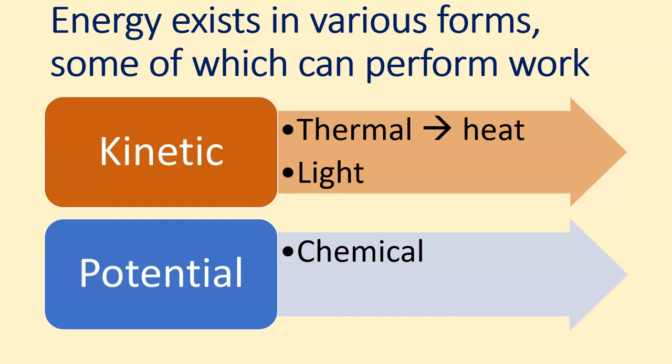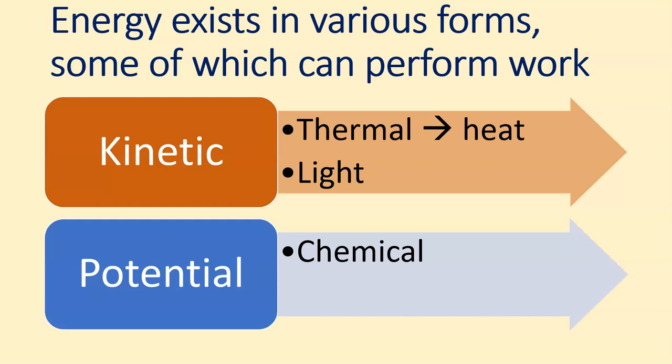Some examples of kinetic energy that we'll explore deeper in this class are thermal energy, or heat, which is a form of kinetic energy, energy in motion. So when molecules are heated up or when temperatures rise, the random motion of the atoms and the molecules actually increases.